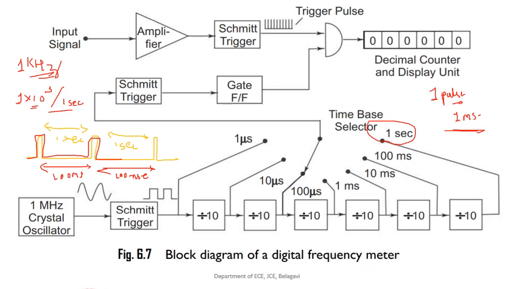If you select 1 millisecond on the selector, and you get one pulse through this gate, then the frequency is 1 kilohertz. Instead, if you have 1 second as the time base selector, then it has to count 10 raised to 3 pulses in 1 second. So you can do these adjustments using this time base selector.